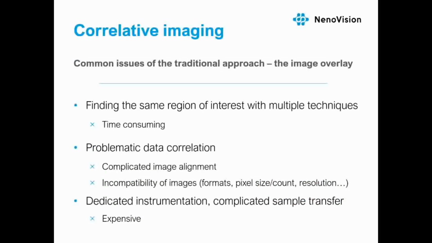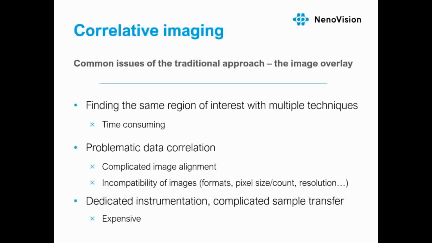Common issues of the traditional approaches are, first of all, that locating the same region of interest on the sample by different techniques can be extremely time-consuming, something which gets increasingly more difficult with micrometer or even nanometer-sized features on your sample, or whenever the imaged feature changes its properties over time or under different imaging conditions.